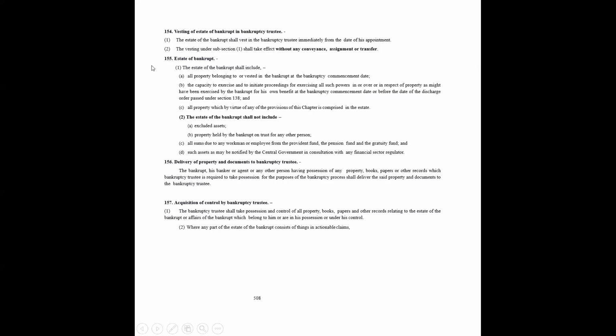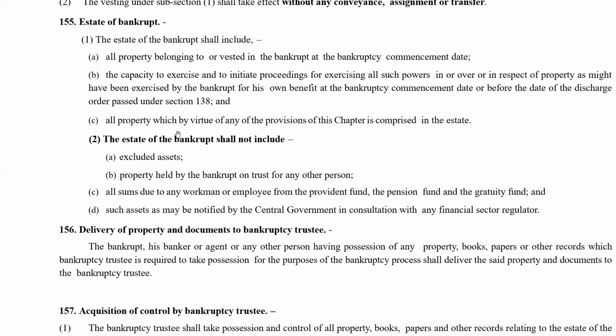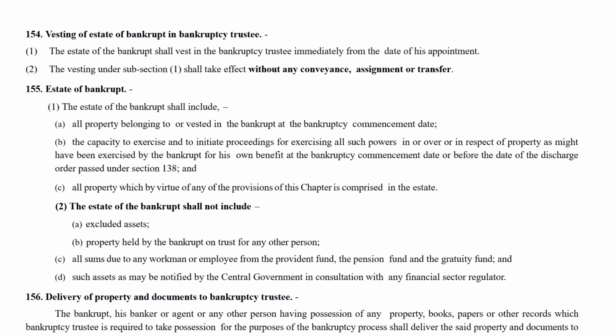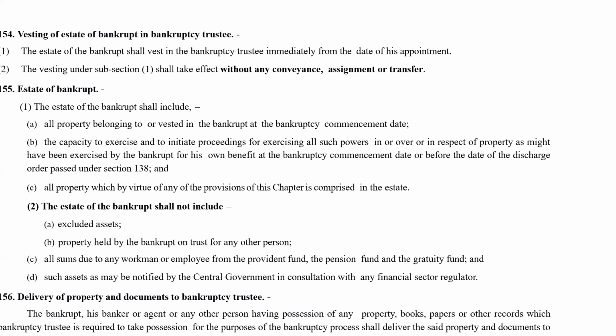154 talks of vesting of the estate of the bankrupt in the bankruptcy trustee. The estate of the bankrupt shall vest in the bankruptcy trustee immediately from the date of his appointment. Okay. And the vesting shall take place without any conveyance, assignment or transfer. 155. Estate of the bankrupt. The estate of the bankrupt shall include all property belonging to or vested in the bankrupt at the bankruptcy commencement date. Okay.